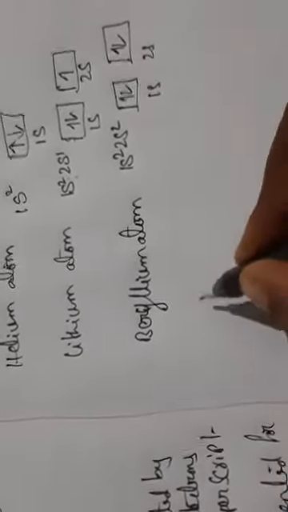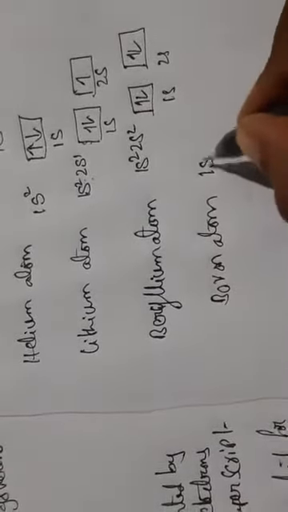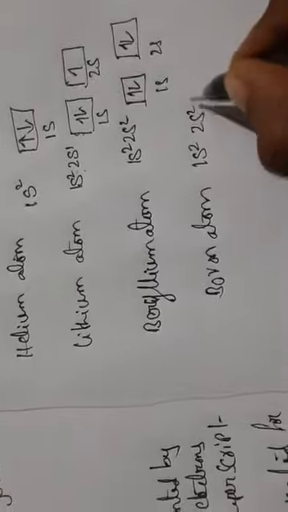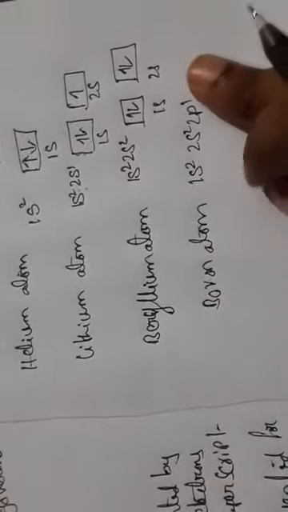If you take boron, the electrons will increase. Boron has a p orbital. So now how do we get the configuration? 1s2, 2s2, 2p1. Why? Because its atomic number is 5, and we write according to the atomic number.